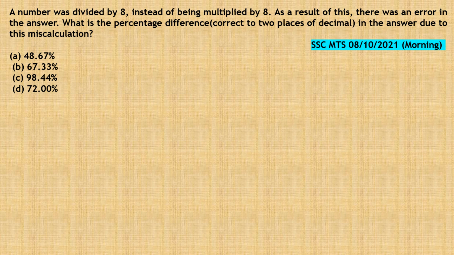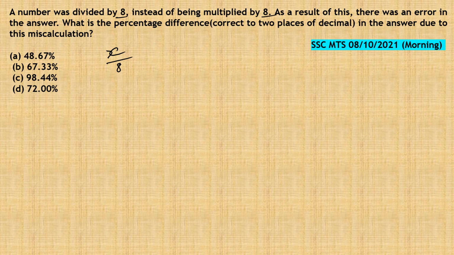A number was divided by 8 instead of being multiplied by 8. As a result of this, there was an error in the answer. What is the percentage difference in the answer due to miscalculation? Let the number be x, and it was divided by 8 instead of being multiplied by 8.